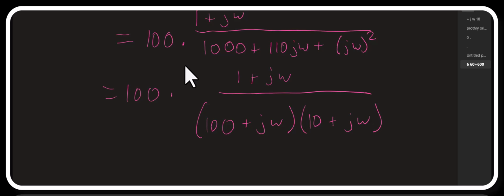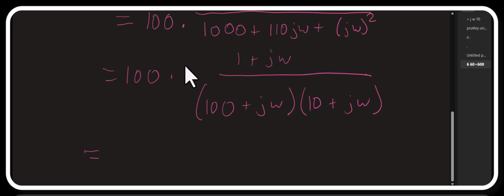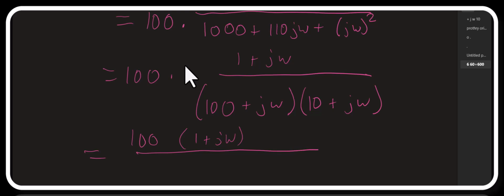Did y'all see that fancy factoring? So then from the first term, I can factor out a 100, and I get 1 plus j omega over 100.